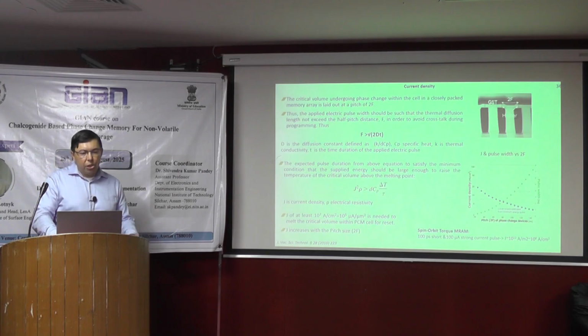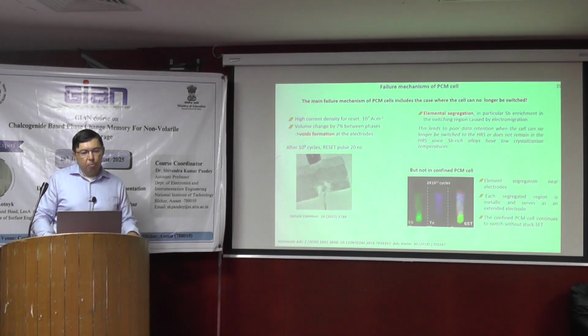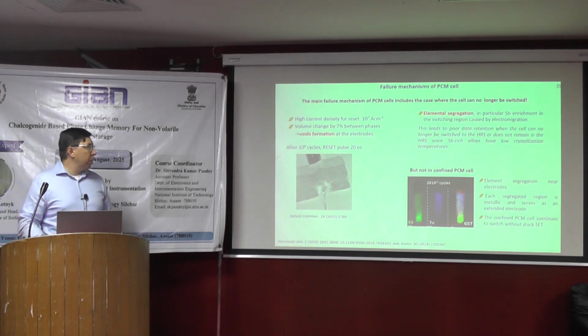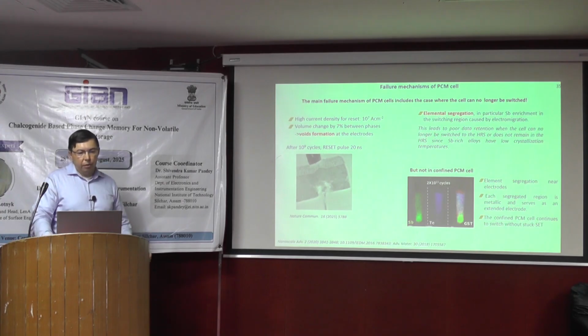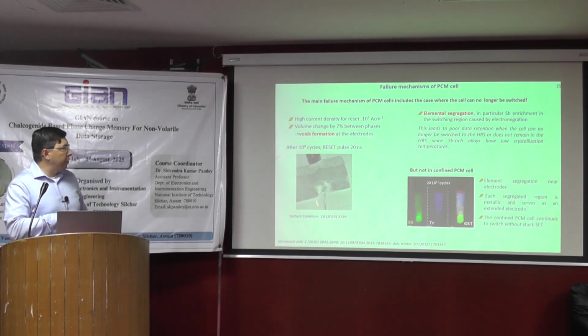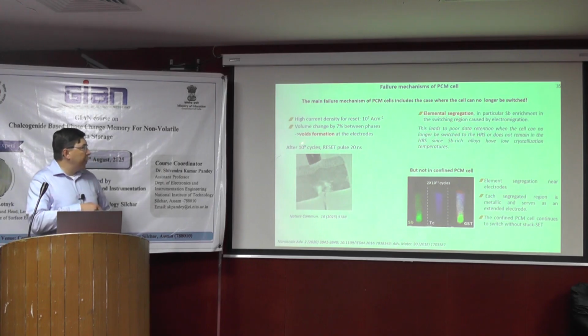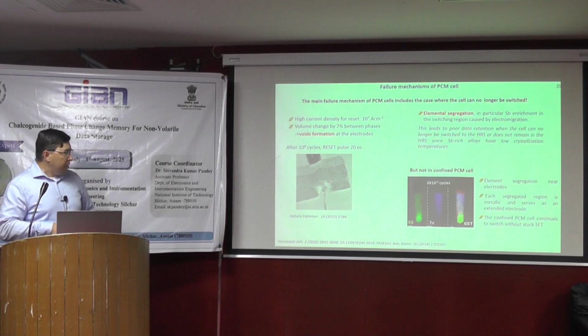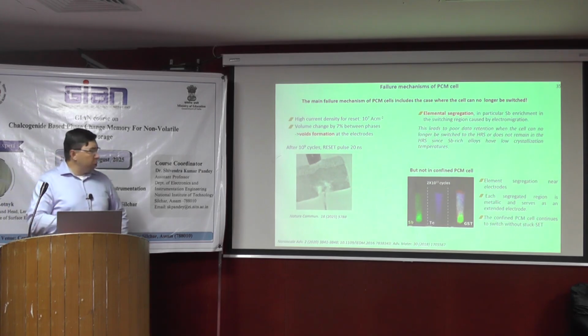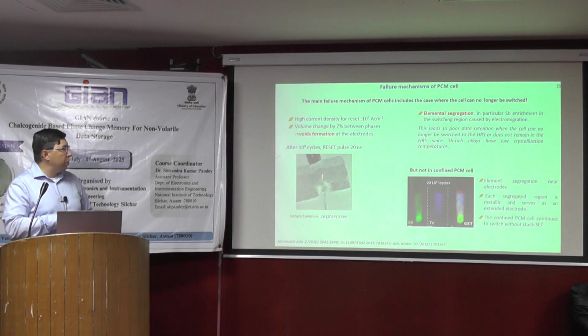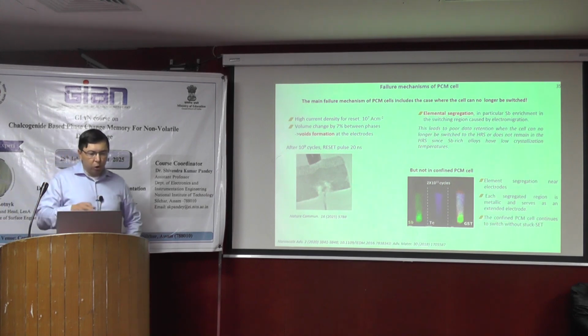So if we have such a high current density needed to switch the volume, it can bring the cell to some issues. If you switch the cell many times, like 10 to the 9 cycles, what can happen here at the side of the heater, at the contact area between GST and heater, is that some holes can be produced, and so you lose the contact and you cannot switch the cell back and forth.